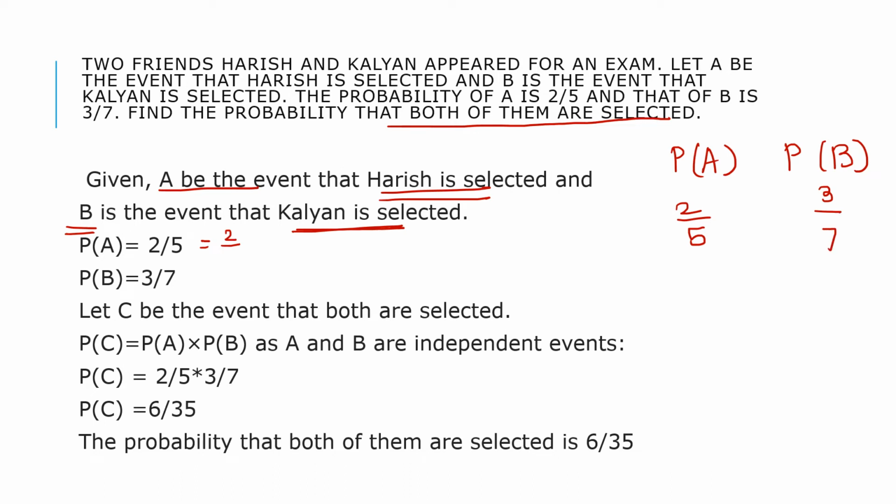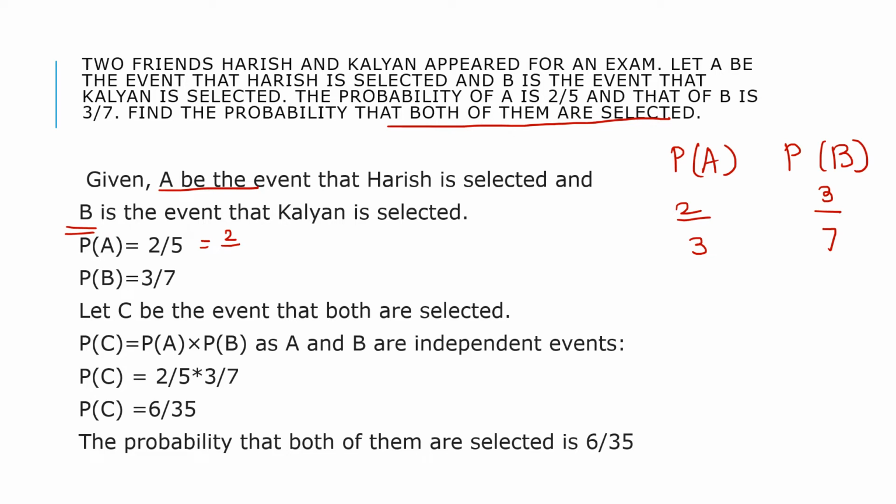We are supposed to find the probability that both of them are selected, which means Harish as well as Kalyan.